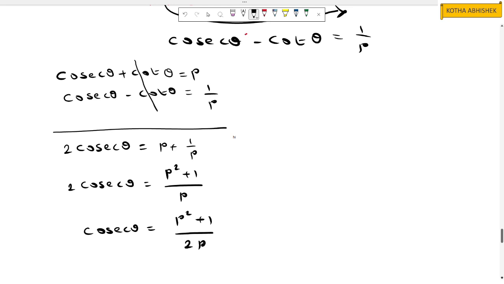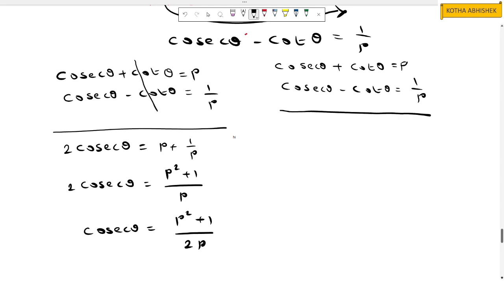Now same two equations, let us do subtraction this time. Cosec theta plus cot theta equals p, and the second equation is cosec theta minus cot theta equals 1 by p. I am doing subtraction of these two equations, so that plus cosec theta becomes minus, minus cot theta becomes plus, plus 1 by p becomes minus. So cosec theta cancel.